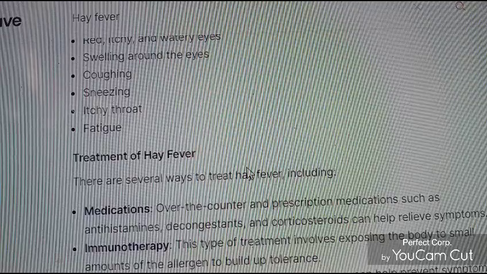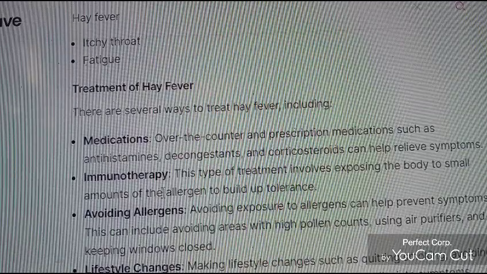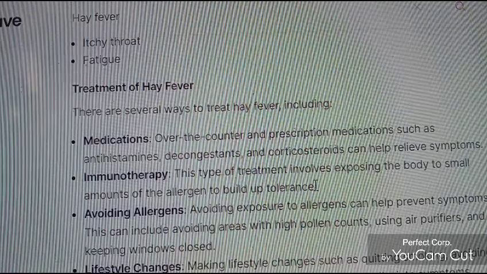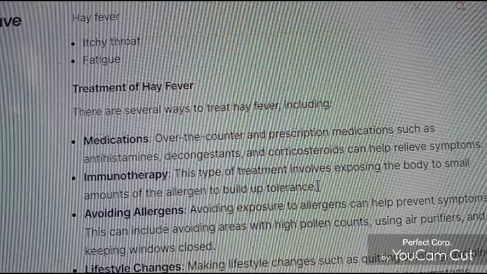Now, treatment of hay fever. Medications. Okay, immune therapy. This type of treatment involves exposing the body to small amount of allergens to build up tolerance. You see, this we are talking about genetic adaptation.